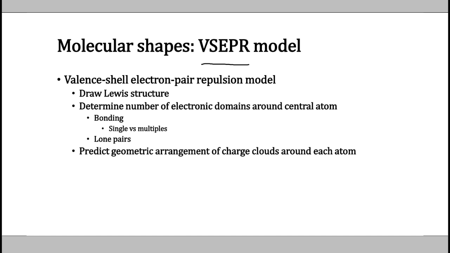the Lewis structure. So whenever we draw a Lewis structure, let's say we had CH4, for example. Okay, so we have a carbon with 4 hydrogen atoms bonded to it.